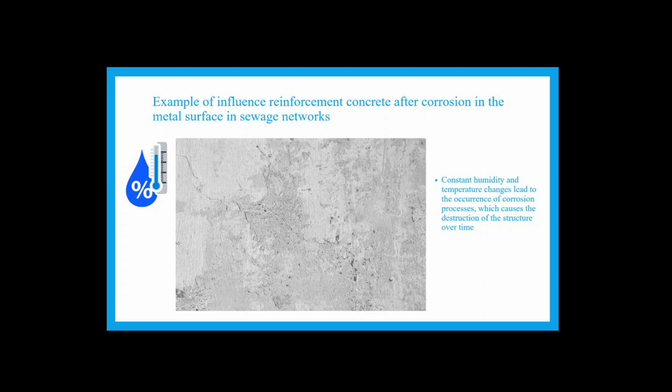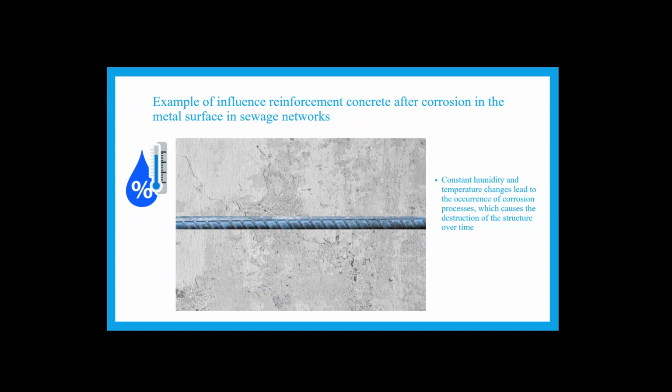Okay, and an example of modeling the anodic current in defects on the metal surface in a civil sewage network is considered. Constant humidity and temperature changes lead to the occurrence of corrosion processes, which cause the destruction of the structure over time.